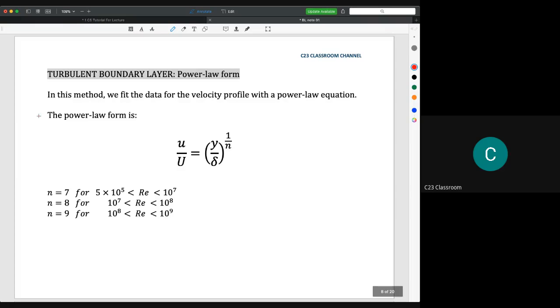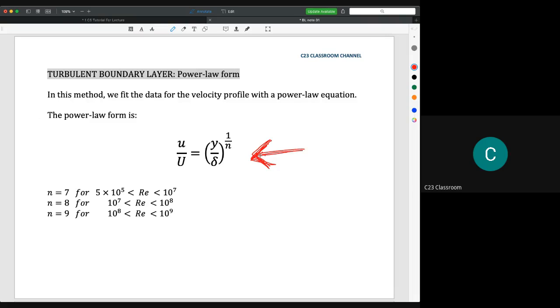Okay, so what is the power law? For the power law, the idea is we assume that the velocity profile in the turbulent boundary layer can be represented in terms of this one. So this is the law.